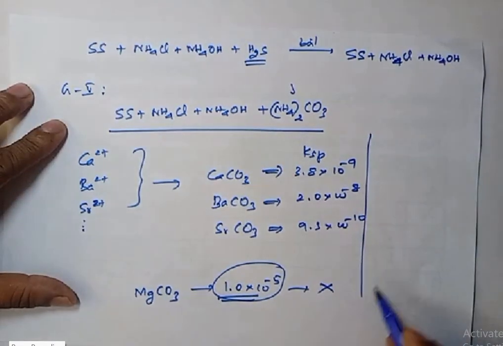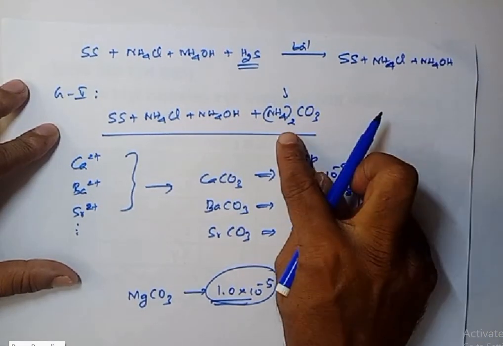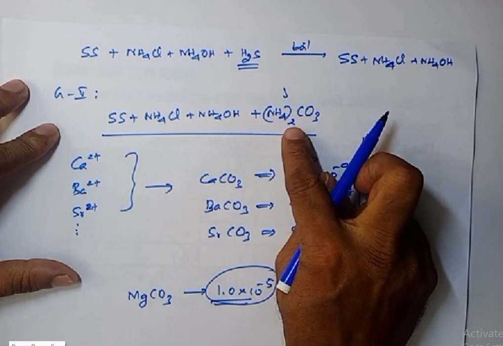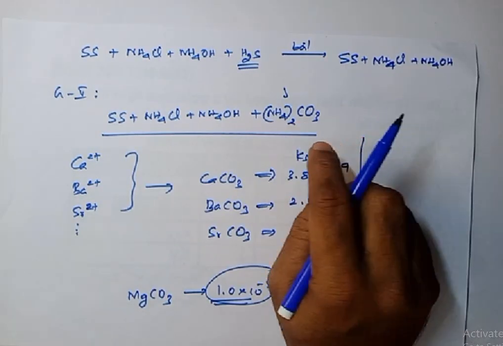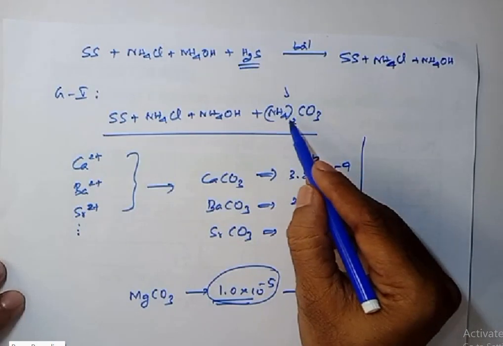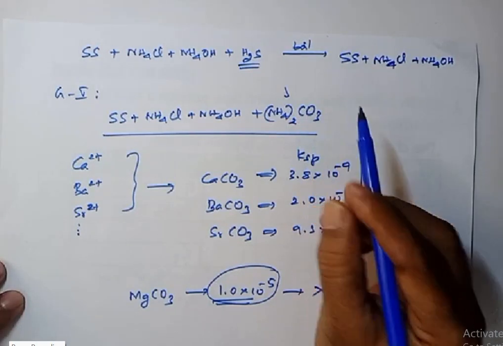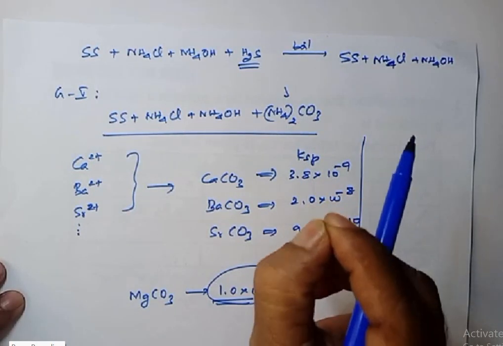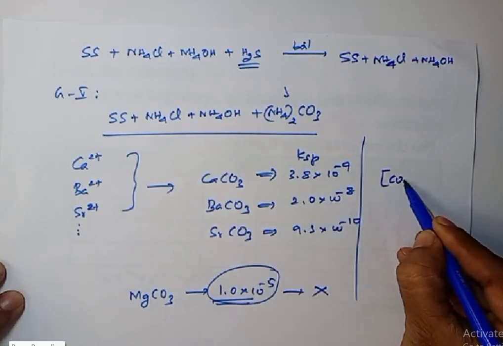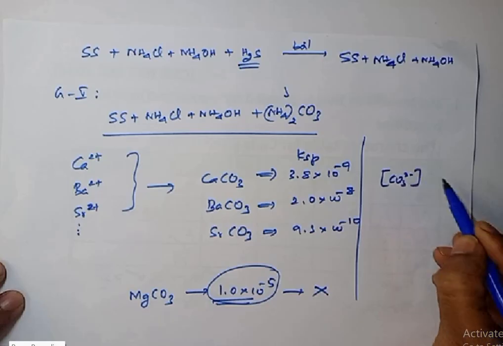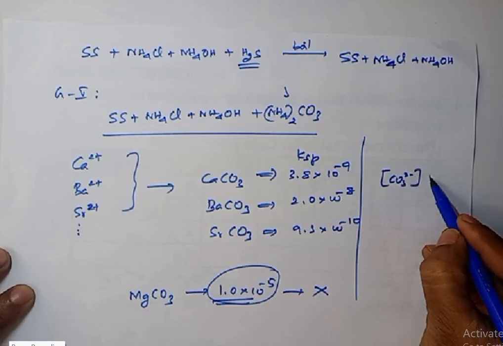See here also, ammonium carbonate: we had a very low concentration of ammonium carbonate here, a very small amount. That small amount of ammonium carbonate gives a very low concentration of carbonate ion.